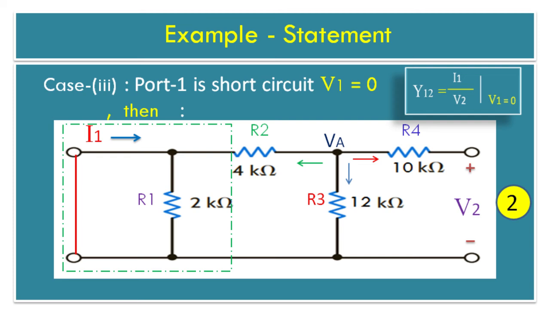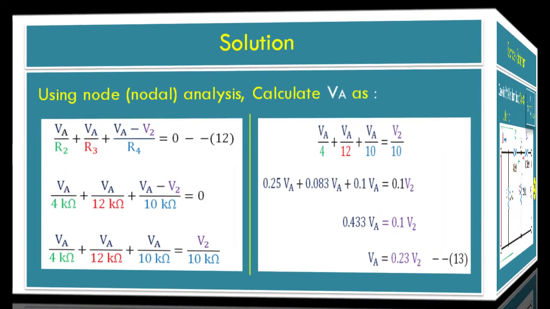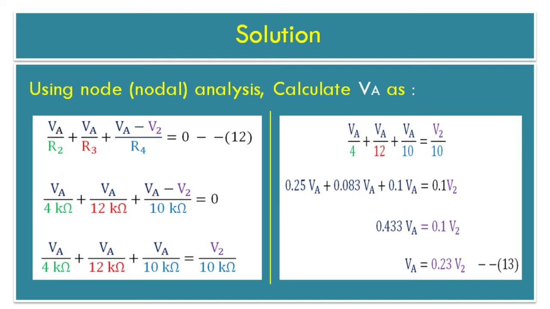Solution case 3. Short circuit the port 1 where voltage V1 is equal to 0 with short circuit resistance R1. Then calculate short circuit admittance parameter Y12 is equal to I1 upon V2 where voltage V1 is equal to 0 at port 1. Refer the previously studied diagram. Using nodal analysis, calculate voltage VA as apply KCL at given node.